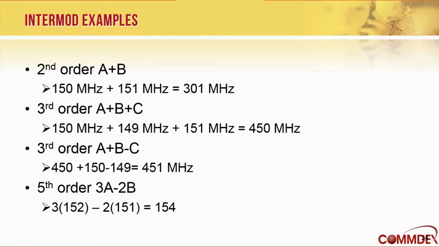An in-band type of intermod that we can see often would be an A plus B minus C combination. And here's an example where signals in two different bands combine together in the right combination. So we have 450 plus 150 is 600, minus 149 equals 451. So now we have a UHF and two VHF frequencies creating an interfering signal in the UHF band.